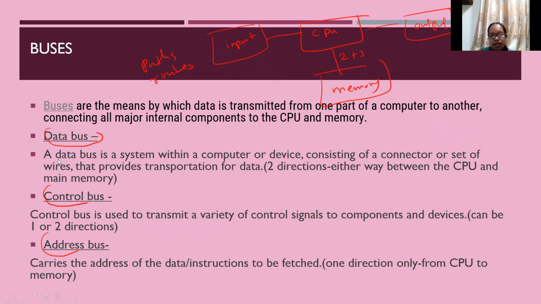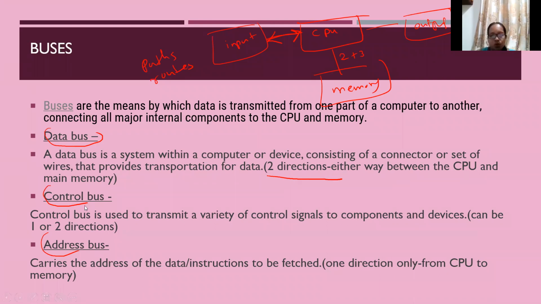Now, if you take the data bus, those are bidirectional. That means from a data bus, data can go here as well as there, right? Both directions through a data bus, you can travel data.